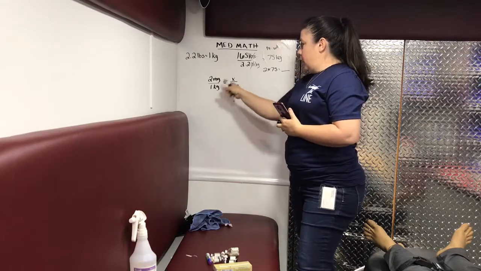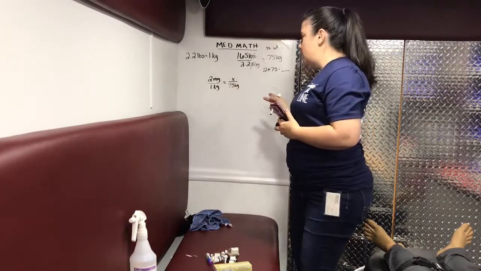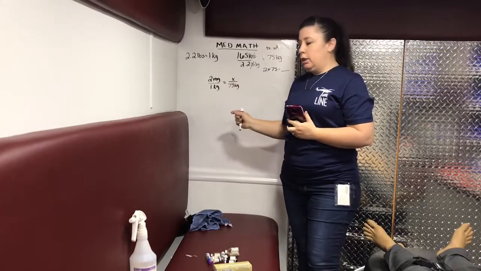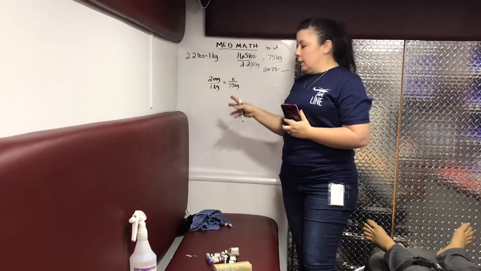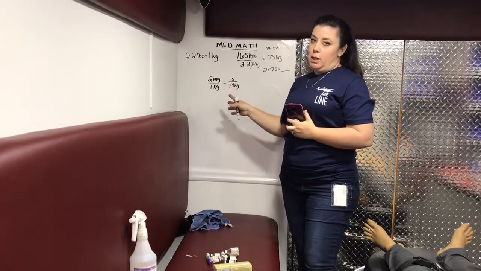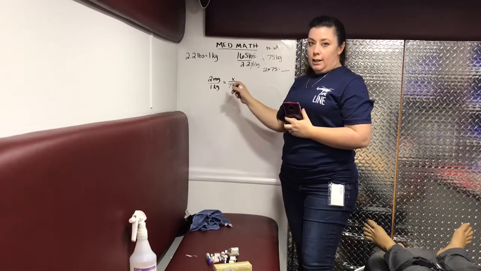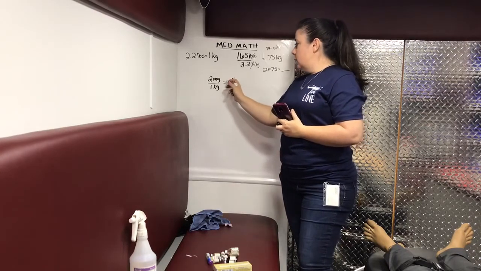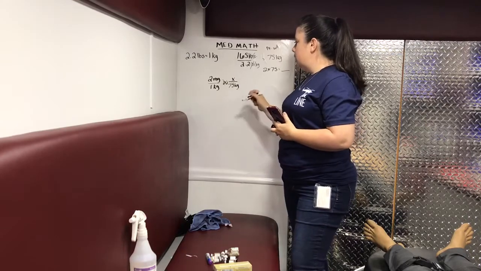But to show you how the math really works out, I always like the is-over kind of algebra equations, because to me this is easy and it makes sense. The way we solve for x is we cross multiply, and then we divide.